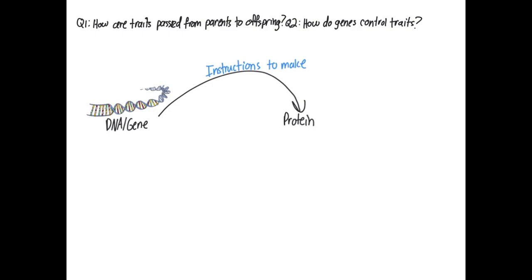How DNA directs the production of protein is known as gene expression. This is also known as the central dogma of molecular biology because it plays such an important role in molecular biology and genetics.